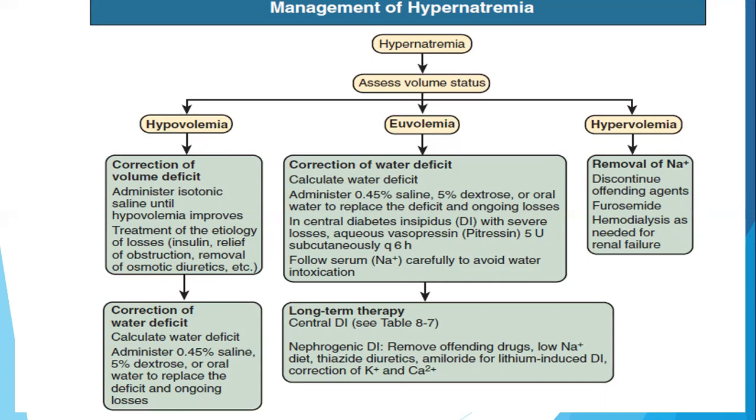We also need to treat the etiology itself, whether it is relieving the obstruction or removing the osmotic diuresis. And if the patient is hypervolemic, then we need to remove the excess sodium, discontinuing the offending agents. We can also give furosemide, and ultimately do hemodialysis as needed for renal failure.